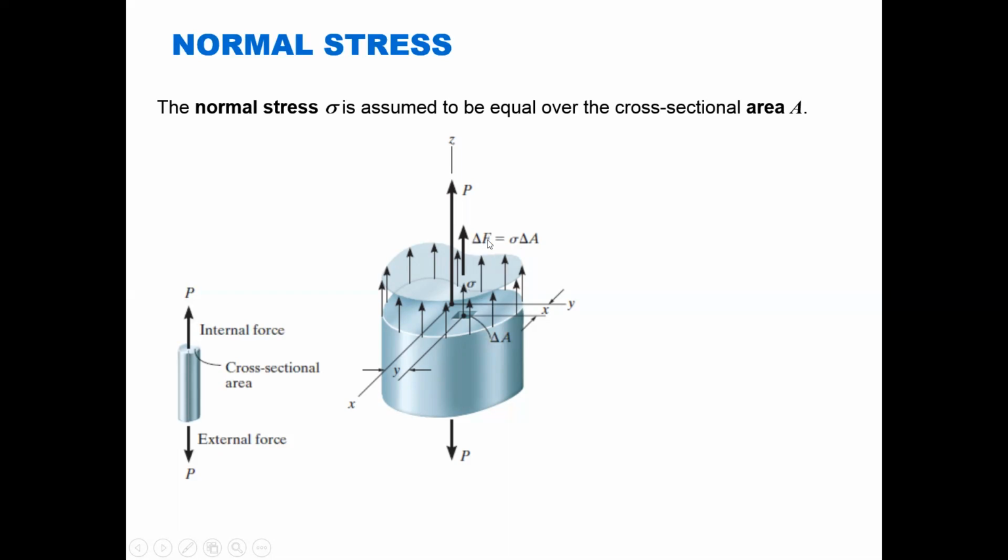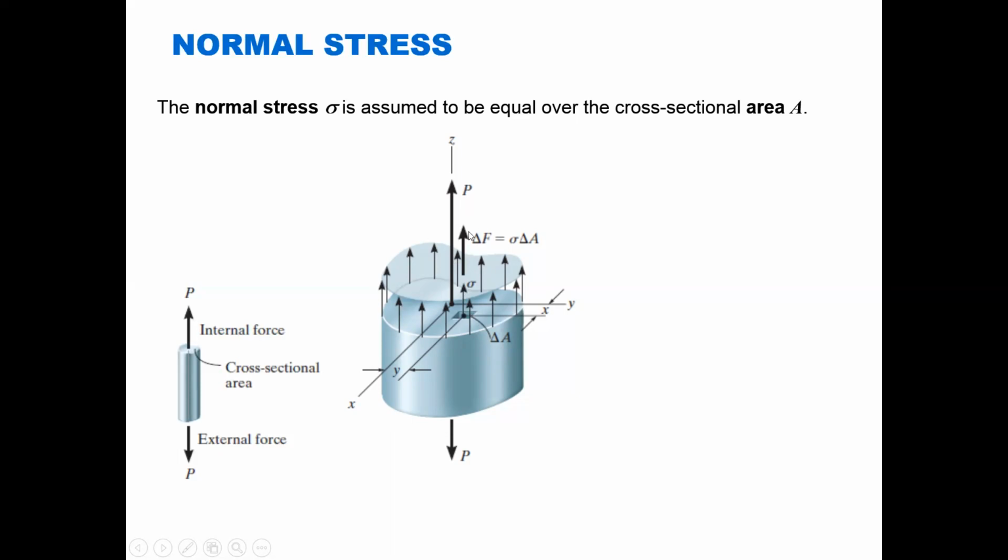So we would have some sort of differential or incremental force, some small little force. And if we add up all of these delta F values, in other words, there's going to be another delta A here and another delta A here, and we add up all of the delta F's over the cross section, they would sum up to this internal force P.